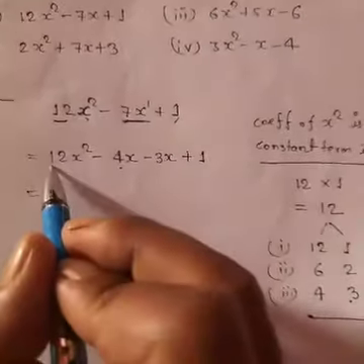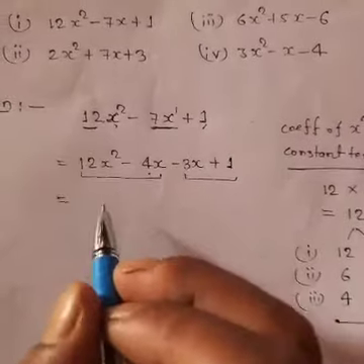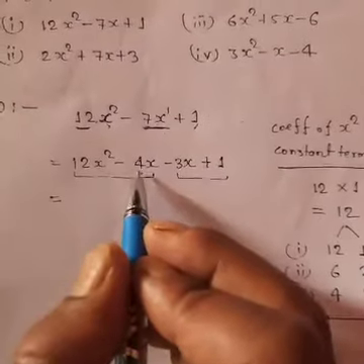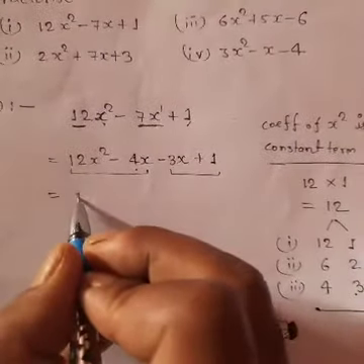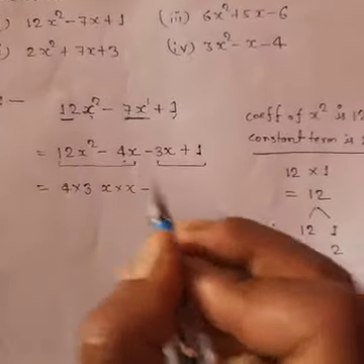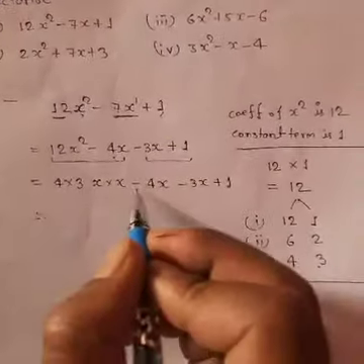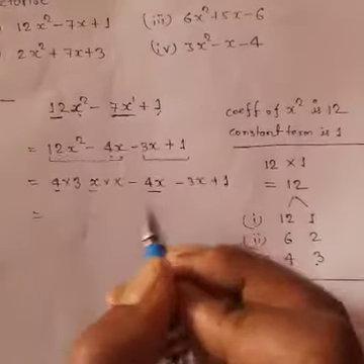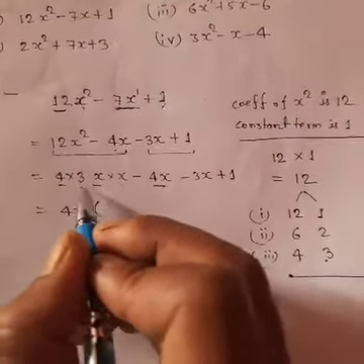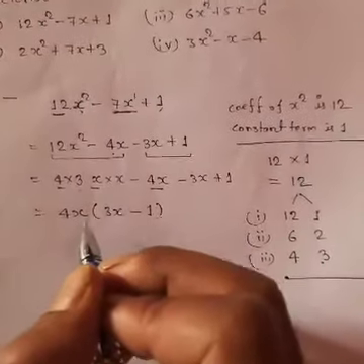Now take the first two terms and the other two. From the first and second terms, take common factors. What is common in these two? x is common and 4 is also common, because 12 can be written as 4 into 3, and x square means x multiplied by x. So we take 4x common, and what is left in the first term is 3x, and minus 1 from the second term, because the whole term has been taken as common.